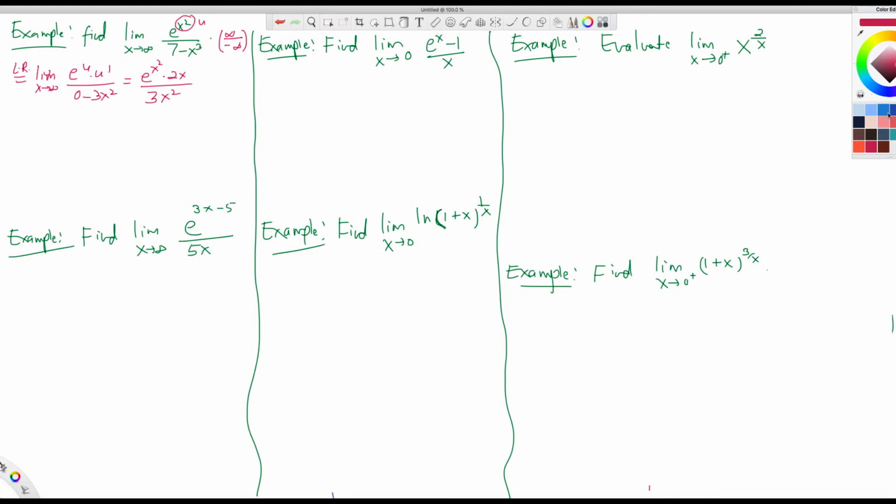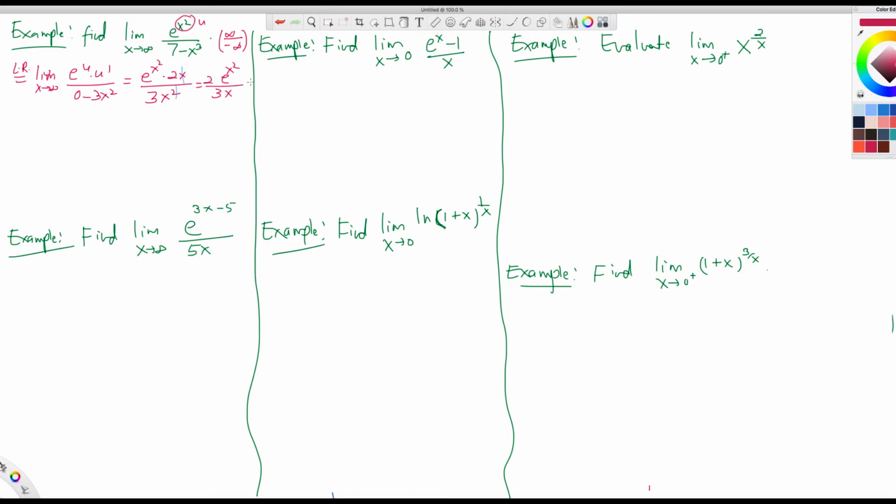So can you cancel something? Yeah, of course. So that x will cancel with one of the x's there, right? So what is left actually is 2 e to the x squared divided by 3x. Now if you plug in the limit again, what do you get? Limit x tends to infinity will give you e to the infinity over infinity.